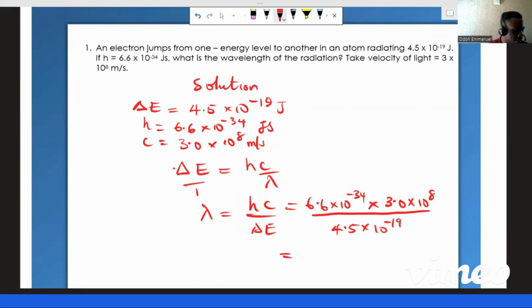Punching a calculator, we get the value for our wavelength. Our wavelength will be 4.4 times 10 to the power of minus 17 meters.